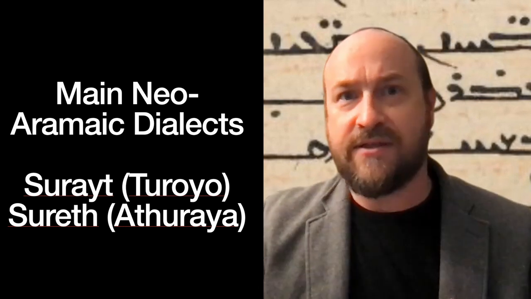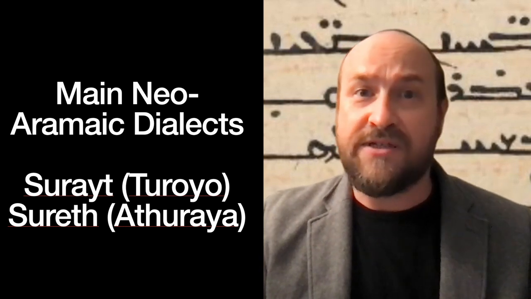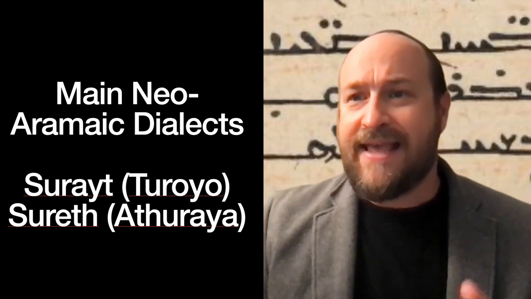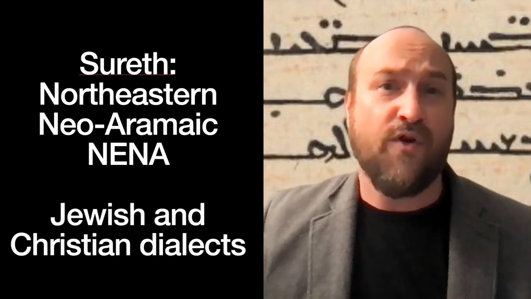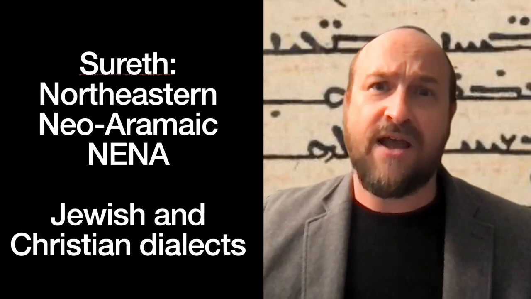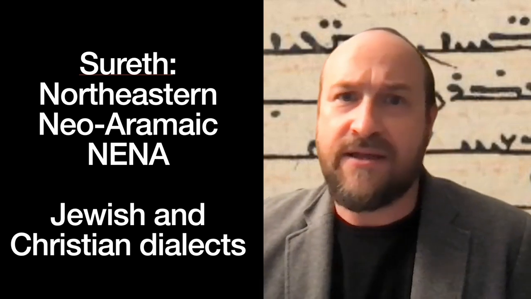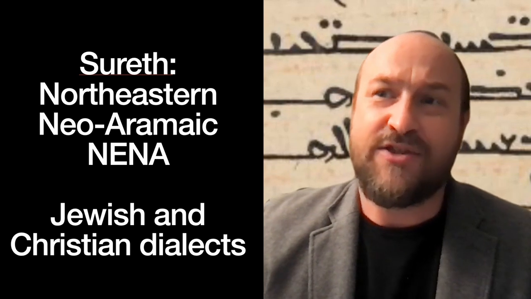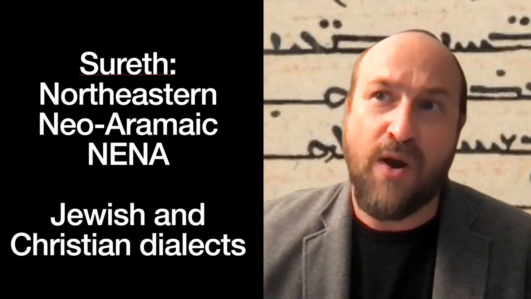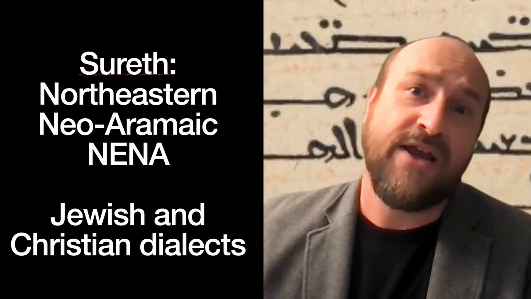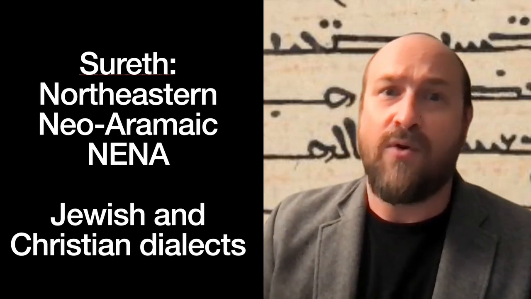And then there is the Northeastern Neo-Aramaic tradition, or Sureth, modern Assyrian, as it's often called. Modern Assyrian is an umbrella term for a number of dialects. These dialects span a pretty wide region, and they border at least 3 countries historically, a little bit of 4, but not much in Syria proper, but Turkey, Iraq, and Iran have a number of Sureth dialects.